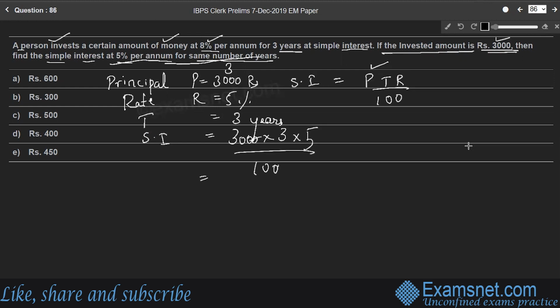Right? So here 15 into 30, which is 450 rupees. Simple interest for the amount of 3,000 rupees at 5% rate per annum for 3 years is 450 rupees. Hence, option E is the right answer.